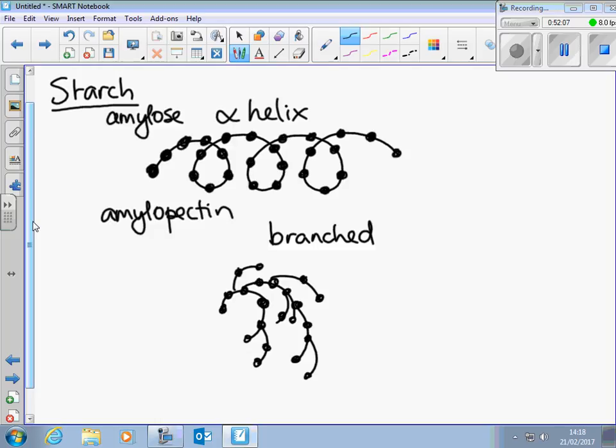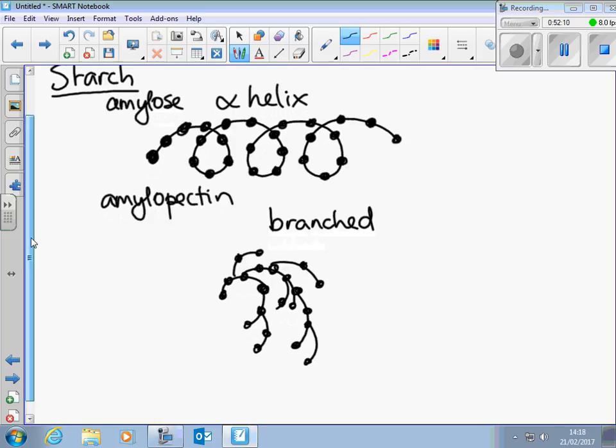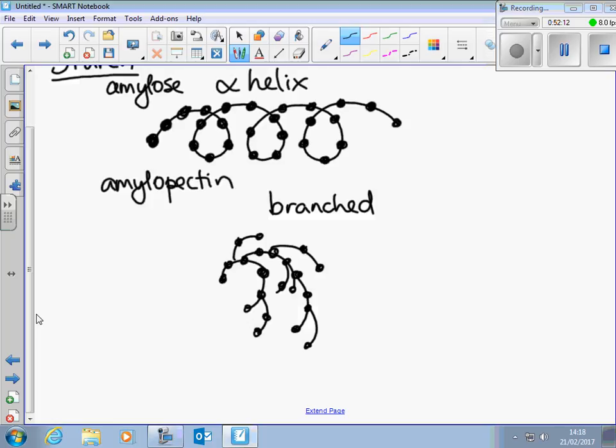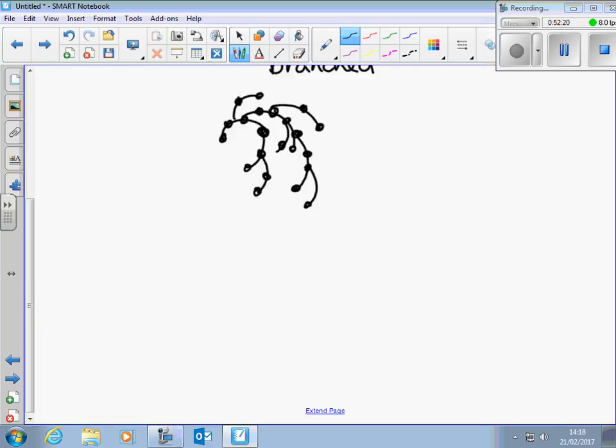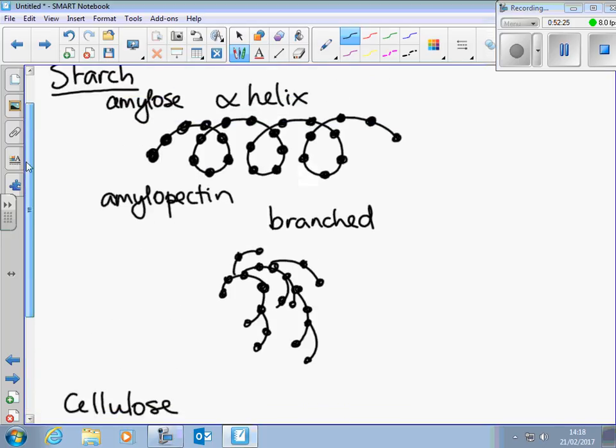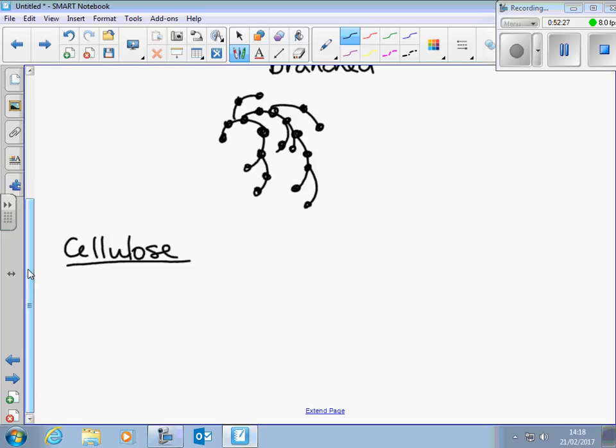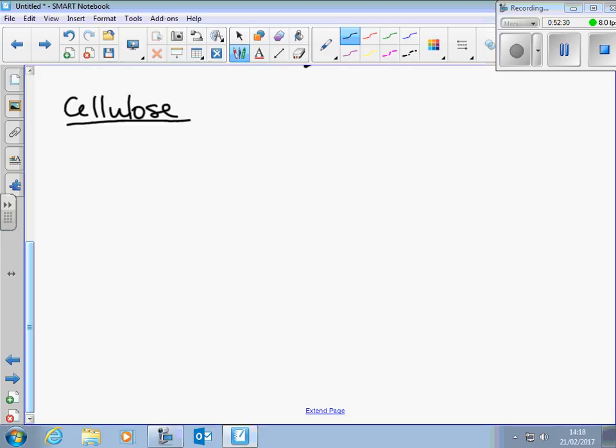Now, cellulose. Oh, this gets to be fun. I hate drawing this. We haven't got a drawing. I've got glycogen on that sheet, which saves the one further down. But cellulose. With cellulose, we've got a bit of a problem because what we've got to do is join together beta glucose units. Now, with beta glucose, on carbon 1, you've got the OH going up and the H going down.